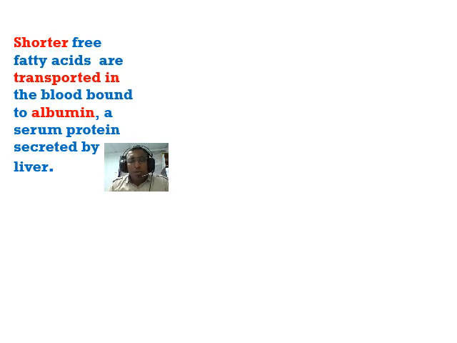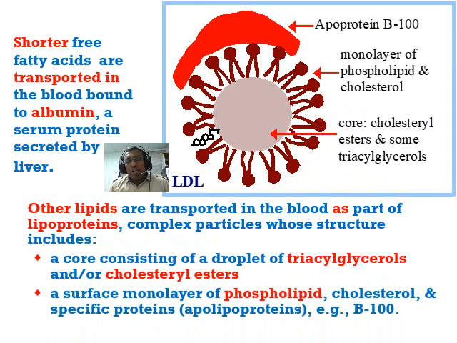But when it's longer fatty acid, like 18 carbon, then it needs a specialized transporter. Also, if it is a triacylglyceride or a cholesterol that is linked to a fatty acid, what they call cholesterol ester, all this requires this specialized transporter, here shown the LDL or low density lipoprotein.